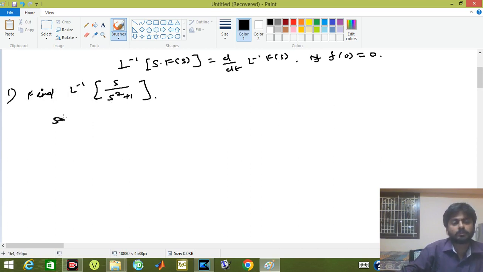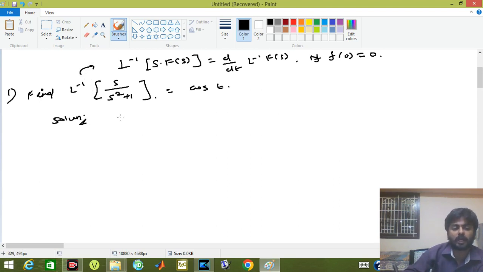So solution, here you can simply say it is s divided by s square plus a square, so its answer will be cos t. Okay, but now we are going to apply this structure to this problem. So here I am taking, this is in the form of L inverse of s into 1 divided by s square plus 1.